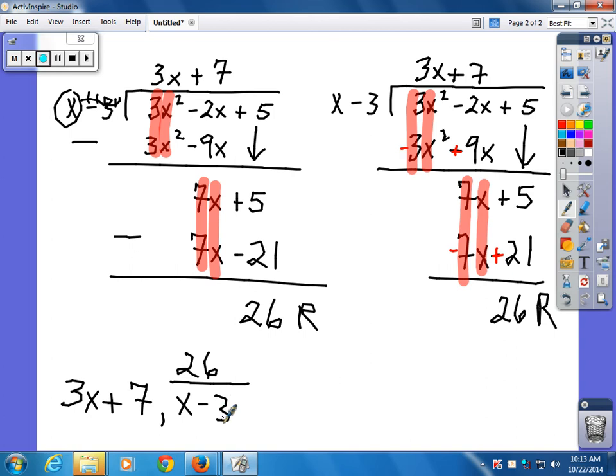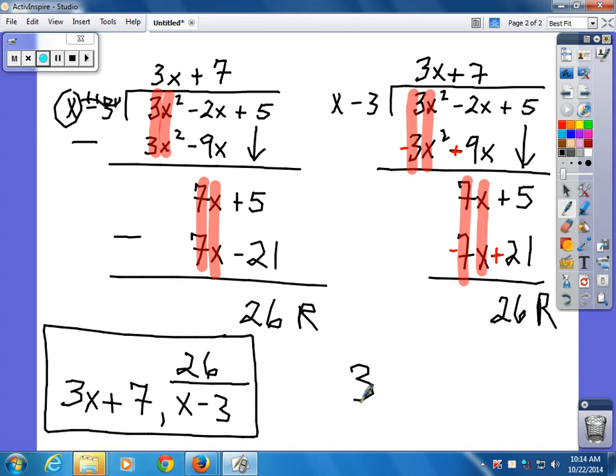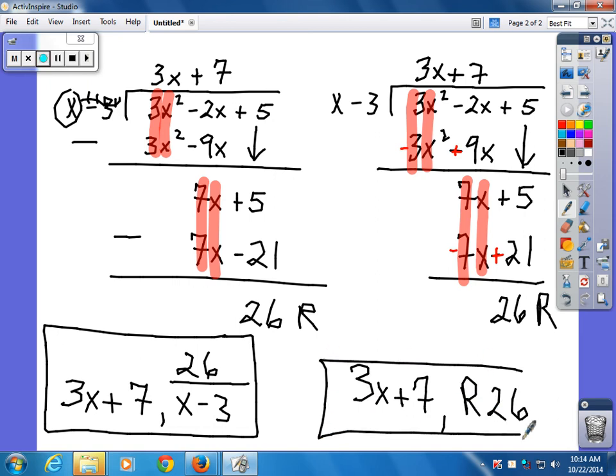That's one way of writing the answer. Another way of writing the answer is 3x plus 7 with a remainder of 26. Doesn't matter to me which way you write it, as long as you show it as a remainder.